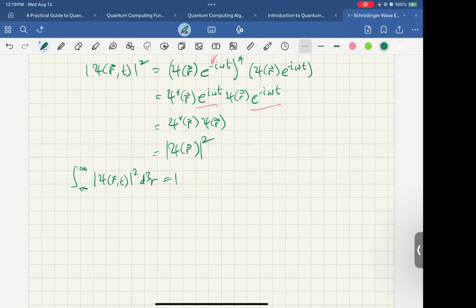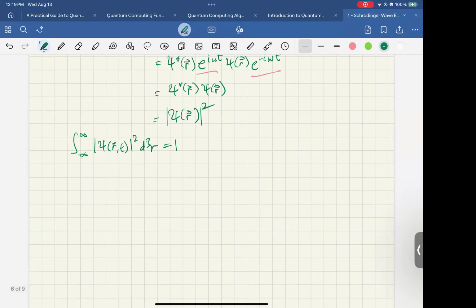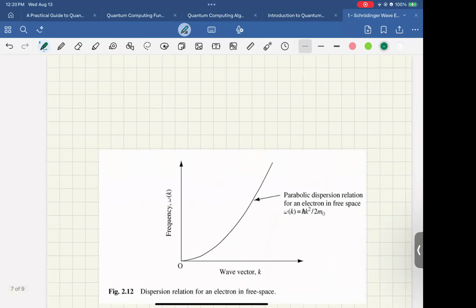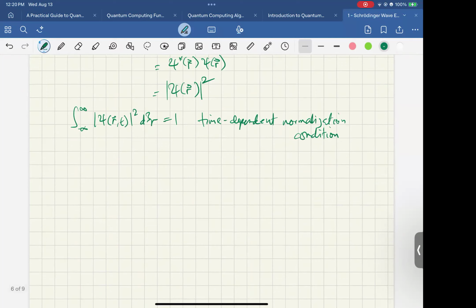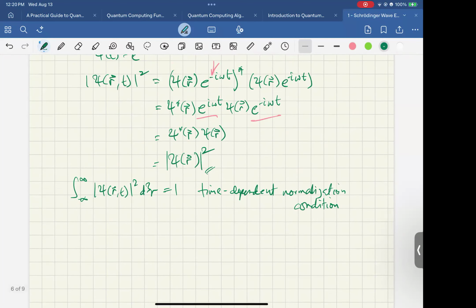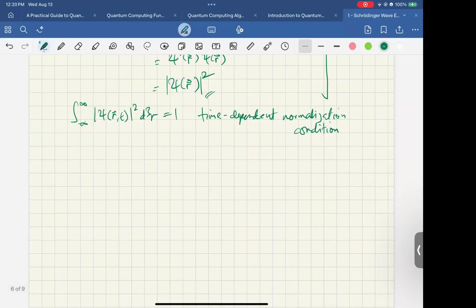And yung time corresponds, so ito yung time dependent normalization condition. Okay, but sabi natin, it's still the same, kasi ganun pa rin yung makukuha natin after we from deriving yung solution, yung time independent solution.